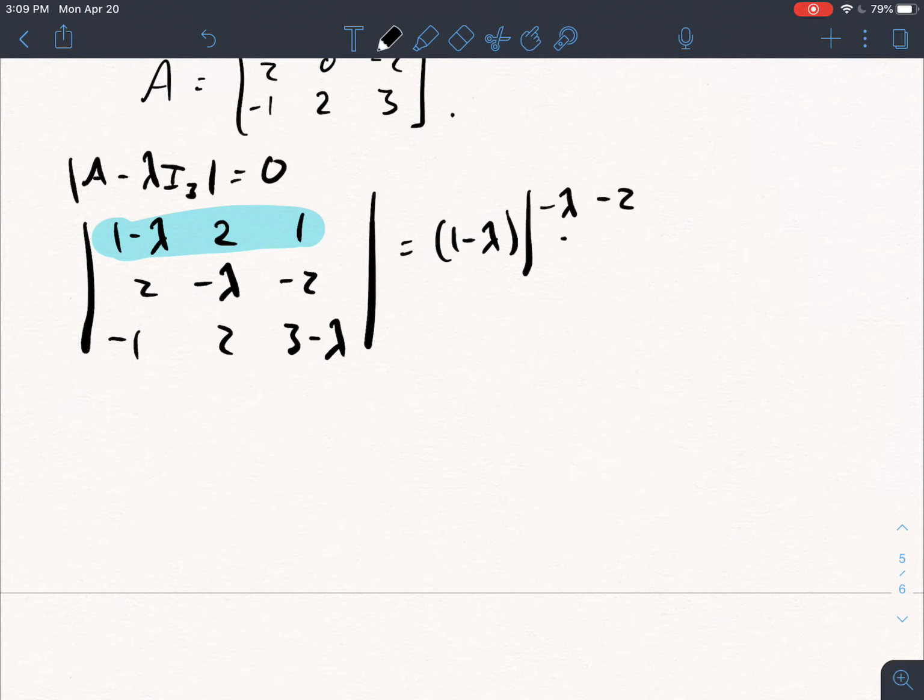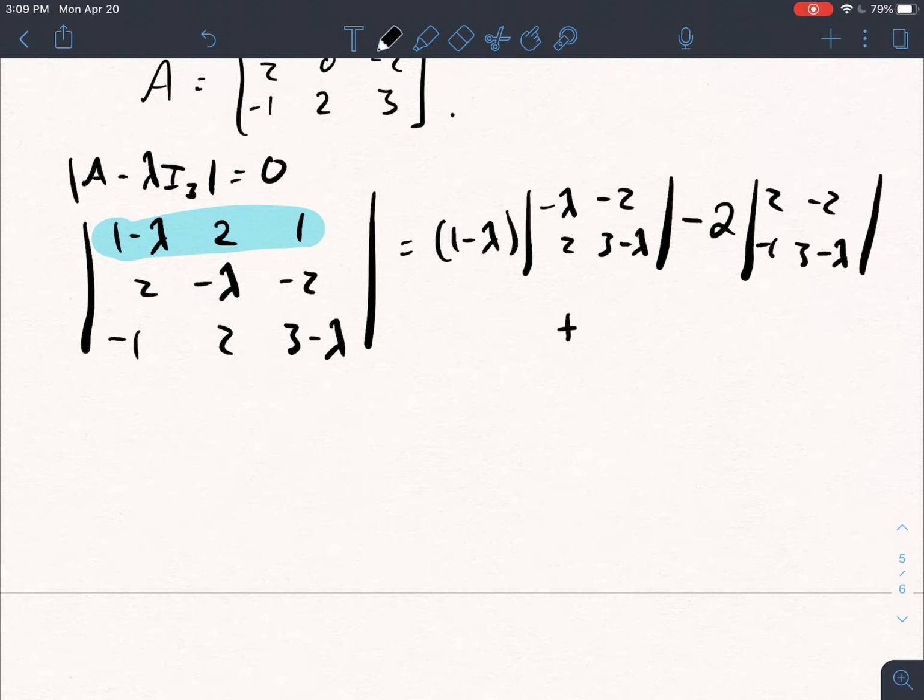I think I'm going to expand along the first row. So I'll get 1 minus lambda times the determinant of negative lambda, negative 2, 2, 3 minus lambda, minus 2 times the determinant of 2, negative 2, negative 1, 3 minus lambda, and plus 1 times the determinant of 2, negative lambda, negative 1, 2.